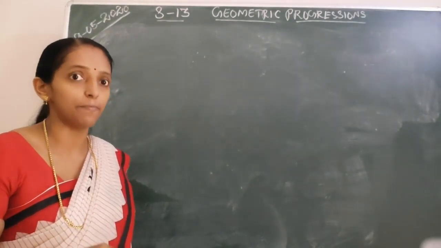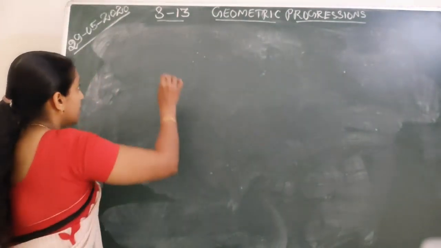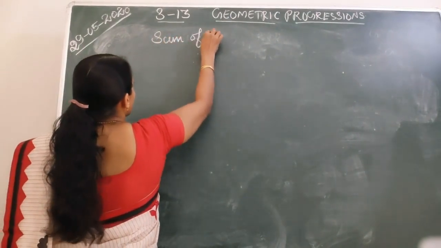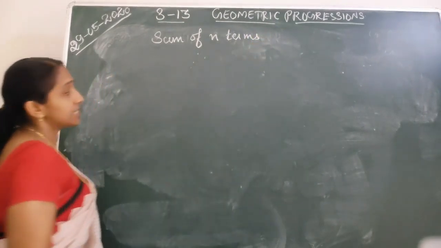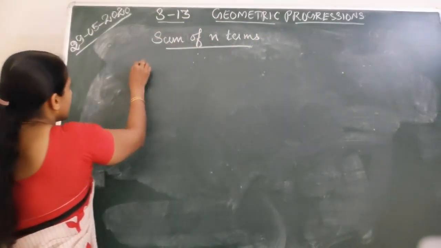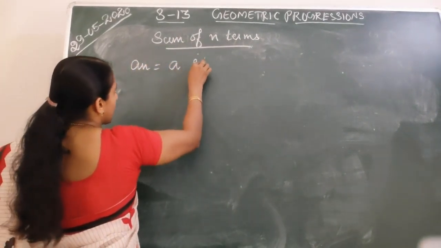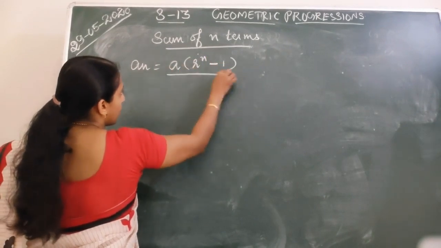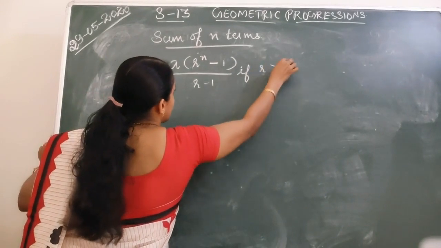And as I have told you, we are having one more term related with GP as in the case of AP. That is the sum of n terms of a GP. Again we have a formula: Sn is equal to a into r to the power n minus 1 by r minus 1, if r is greater than 1.